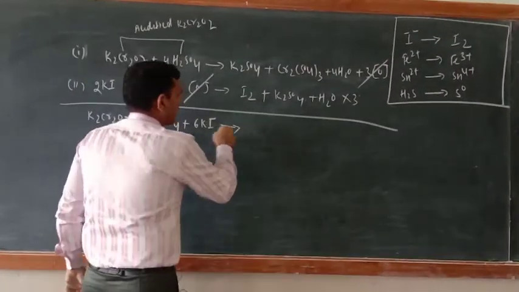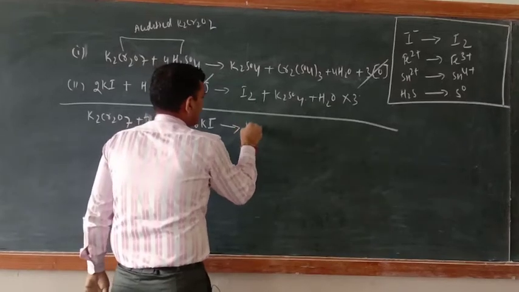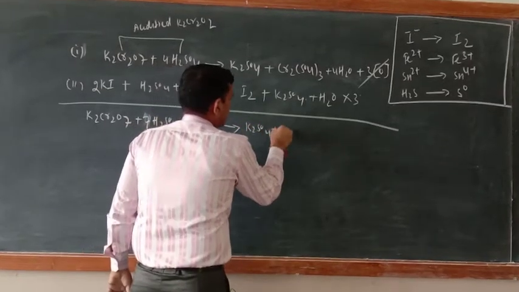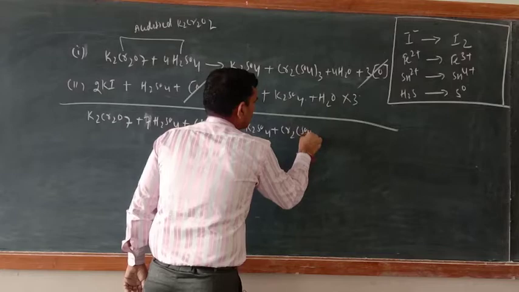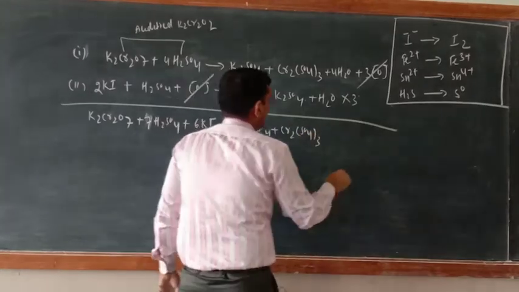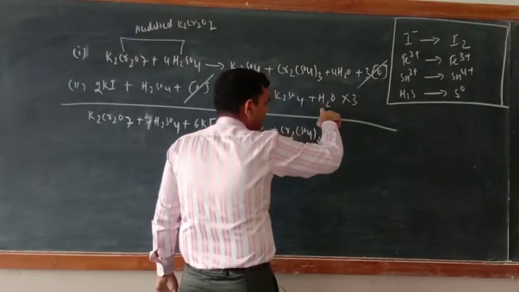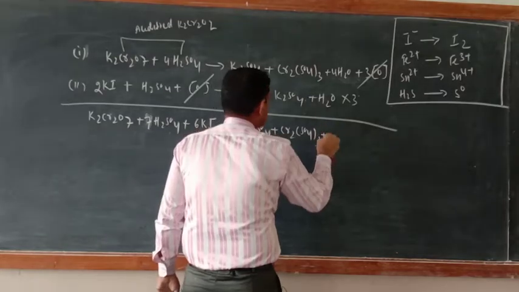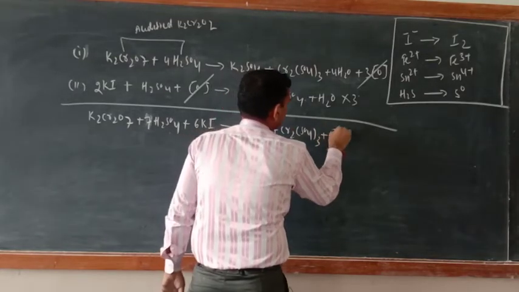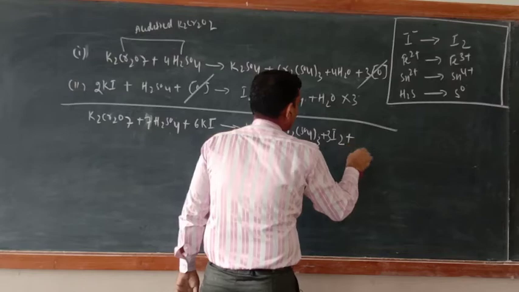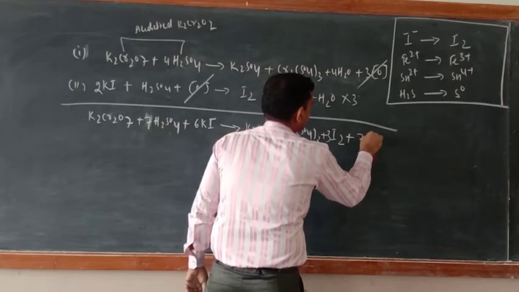And what is the product here? The product is K2SO4 plus Cr2(SO4)3 plus 4 K2SO4, 3 K2SO4 in total, plus 3 I2 plus 7 H2O.